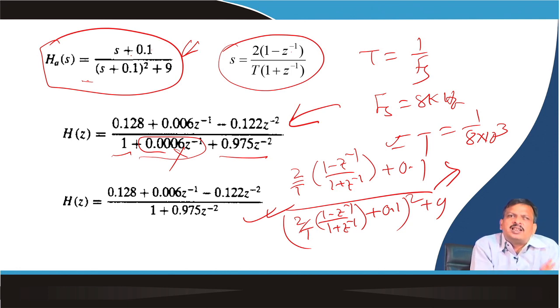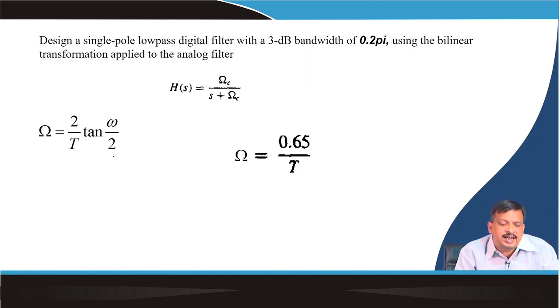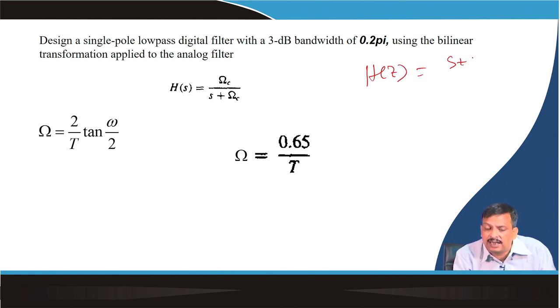Any one method I can use to design that H(s). Once I get H(s), I use either the impulse invariance method or the bilinear transformation method to find H(z). Once you get H(z), let us say this is another example, H(z) is equal to s plus a divided by s minus b.